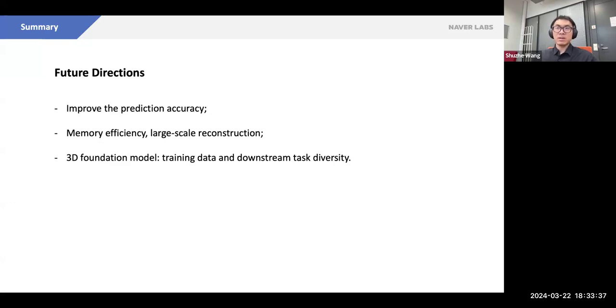For outdoor scenes, although we have Blended MVS, we have Neck depth, and we have the Waymo dataset, we still find that in those datasets most of the depth information is missing.